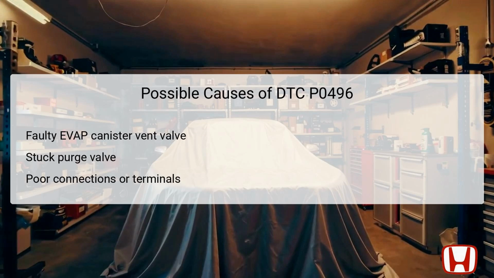Additionally, poor connections or loose terminals in the wiring harness related to the fuel tank pressure sensor, EVAP canister purge valve, or ECM, engine control module, can affect signal integrity, leading to false codes. Conducting a visual inspection and ensuring all connections are secure can help in identifying these issues quickly.